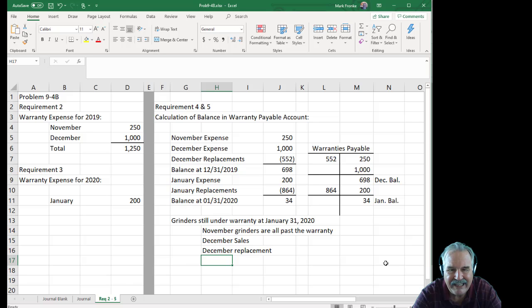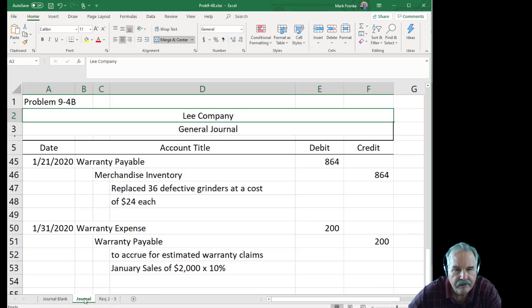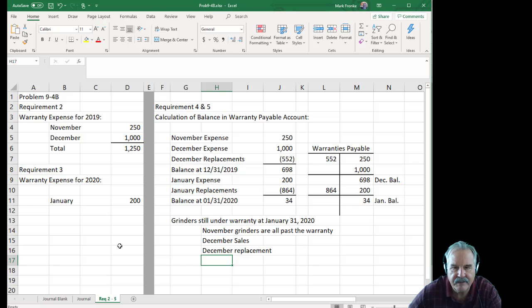We replaced $864. That was in the journal entry, let's see, there it is, January the 21st. That was 36. And so we have an ending balance in January of $34.